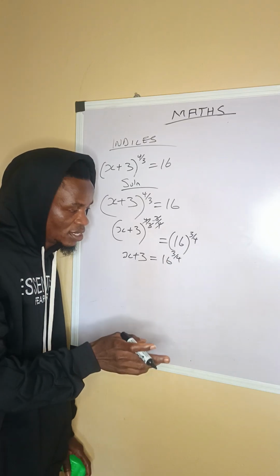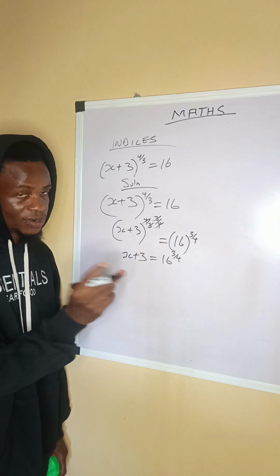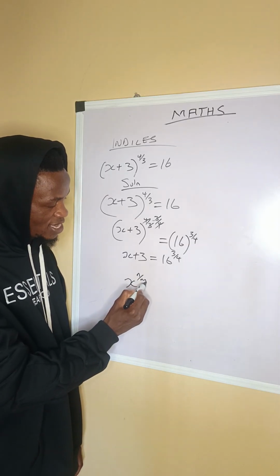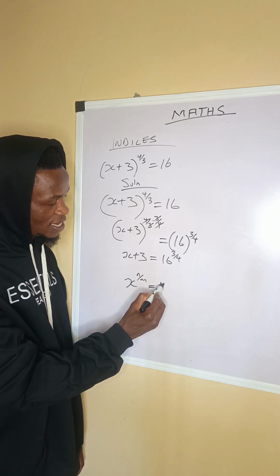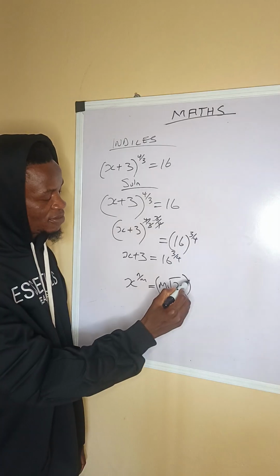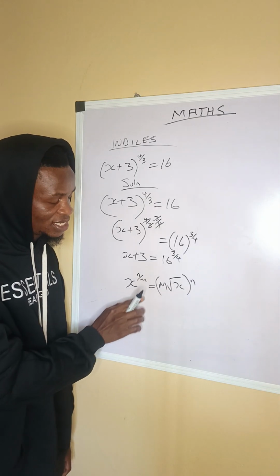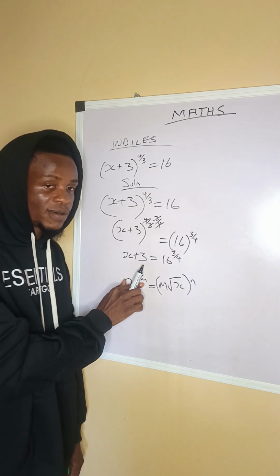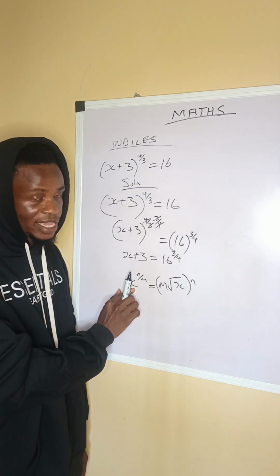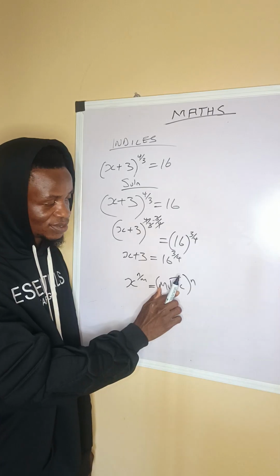Now, in laws of indices, if we have x raised to the power of m over n, it is the same thing as the nth root of x, all raised to the power of m. The denominator of this power will come here, while the x will enter inside the root.